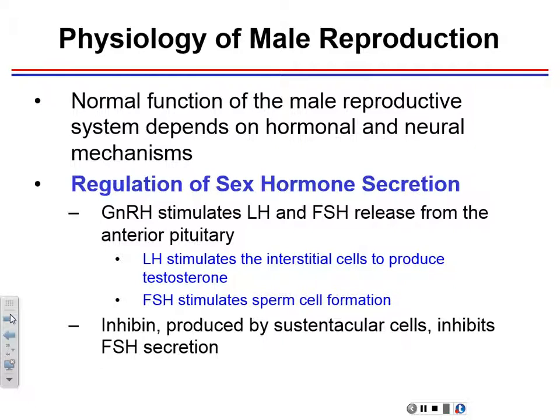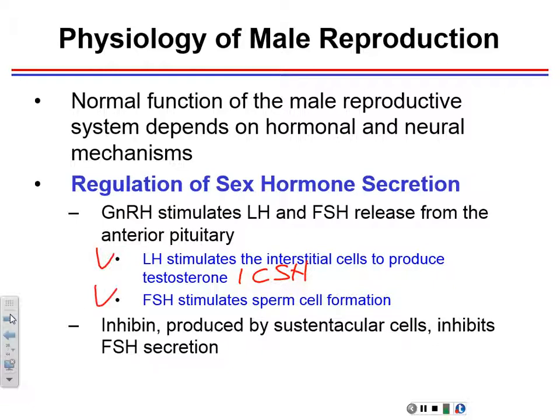The gonadotropin-releasing hormone causes it to produce the gonadotropins, which are FSH, follicle-stimulating hormone, and LH, luteinizing hormone. The luteinizing hormone is also called interstitial cell-stimulating hormone, ICSH. So the gonadotropins are these two.